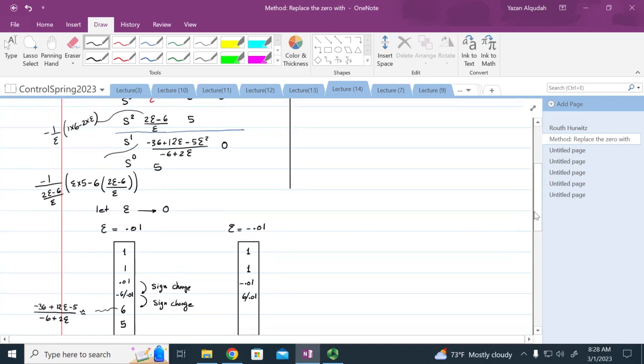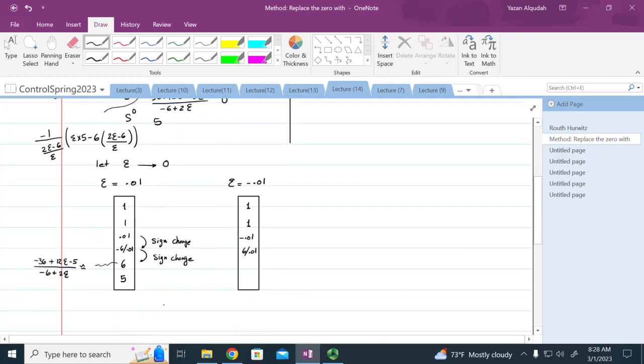Is that clear? So same thing, epsilon is very small, it's going to be negative 6 over epsilon, but epsilon is negative, so it's going to be 6 over 0.01 instead of negative 6 over 0.01. And then we're going to have a 6, this is not going to be impacted by epsilon, and then we're going to have a 5.